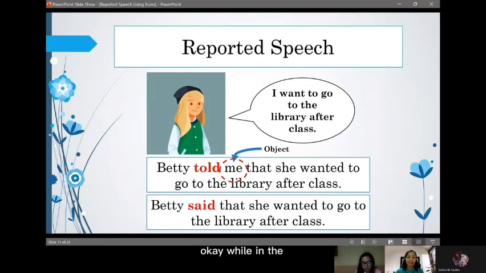While the reporting verb said is not required to be followed by an object. Okay, is that good with you? Do you understand it? Yes po. Okay.